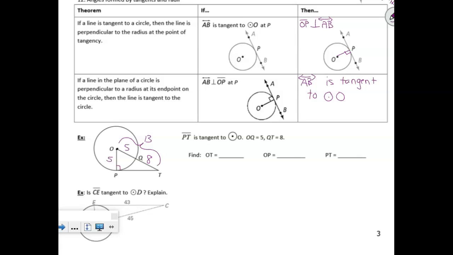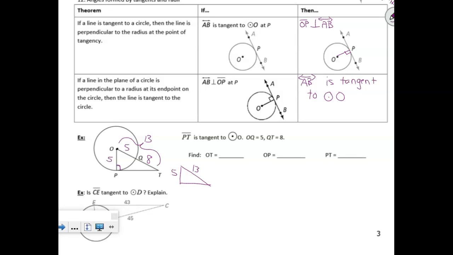Notice that if PT is tangent, then this line OP is perpendicular. So we have a right triangle that has a leg of 5, a hypotenuse of 13, and we want to find the length of PT ultimately.